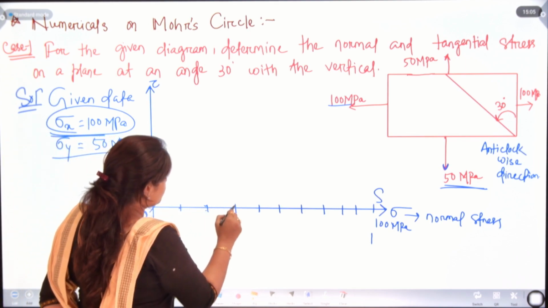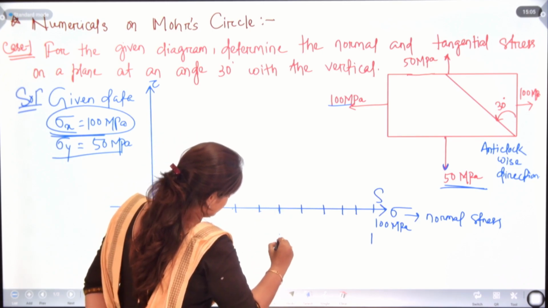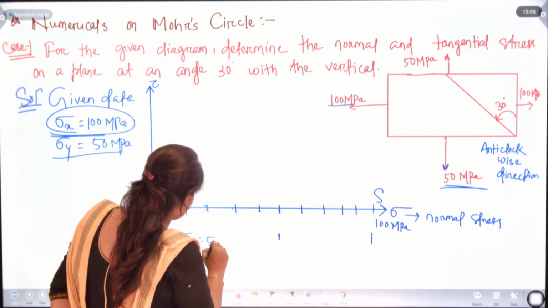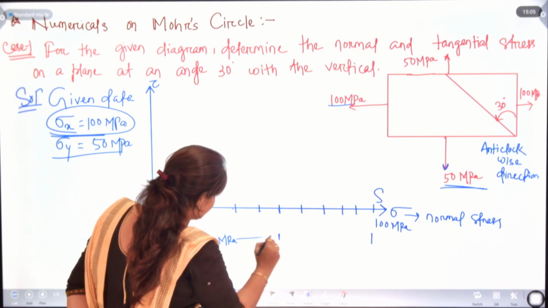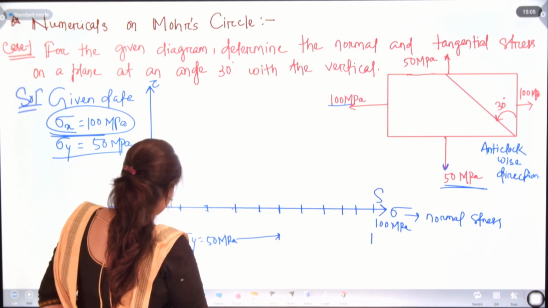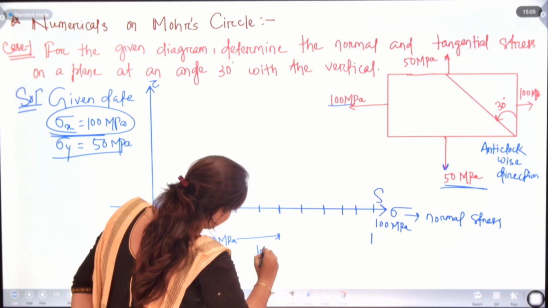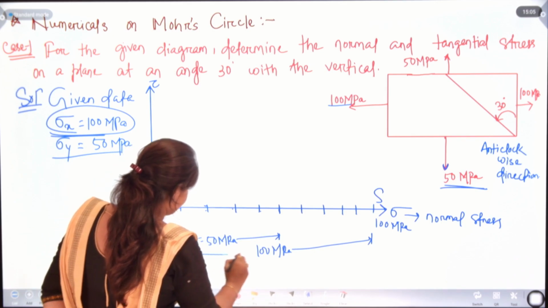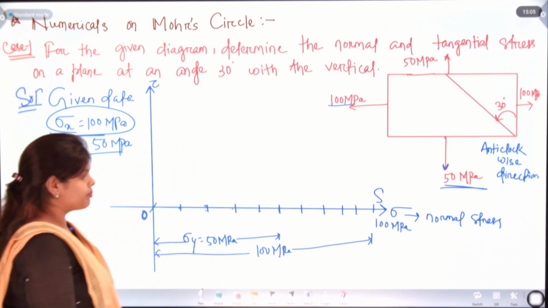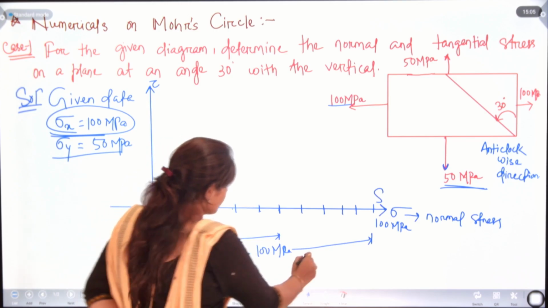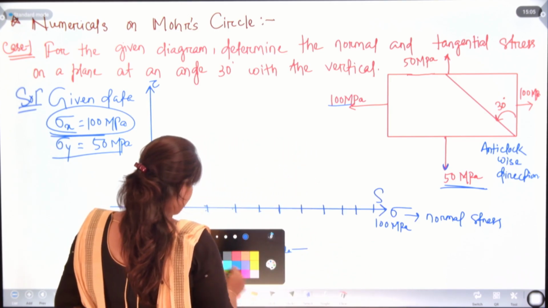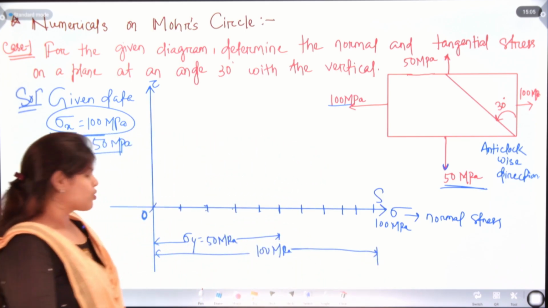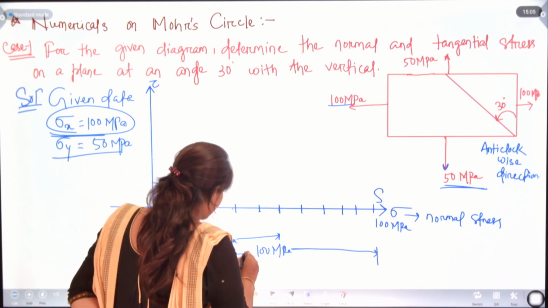That will be 1, 2, 3, 4, 5. Here, that is sigma y equals 50 megapascal. Right. And the other one is 100 megapascal up to this.